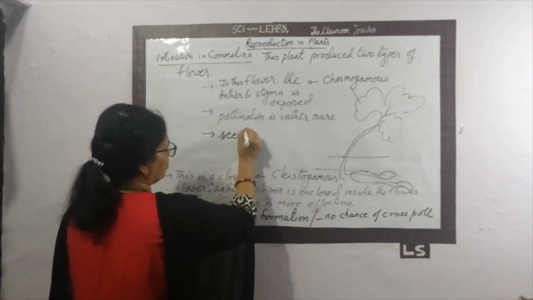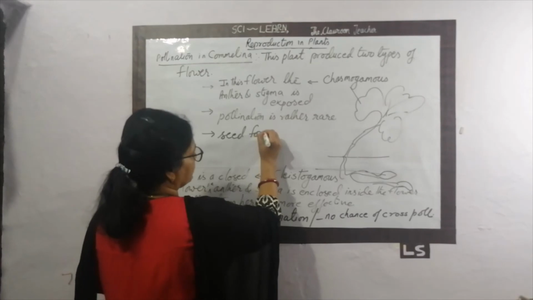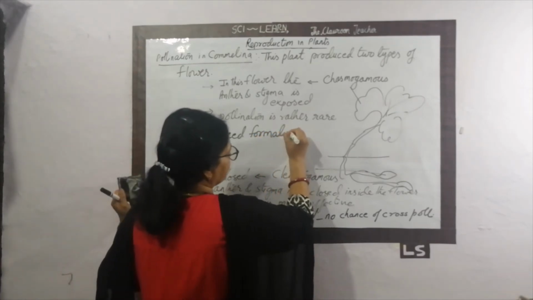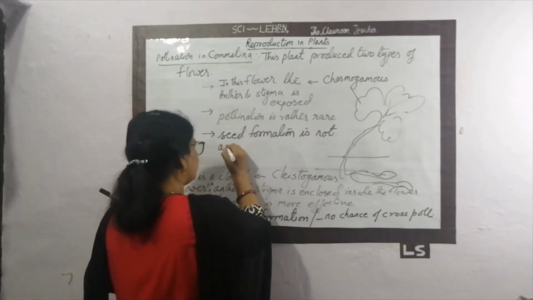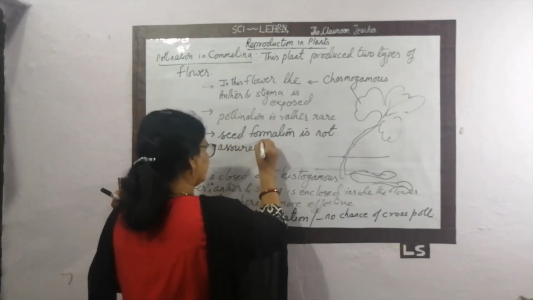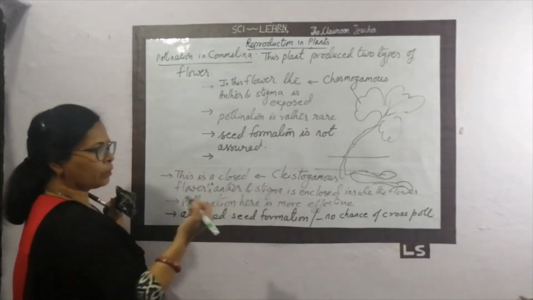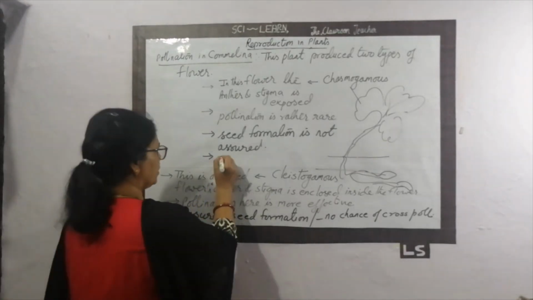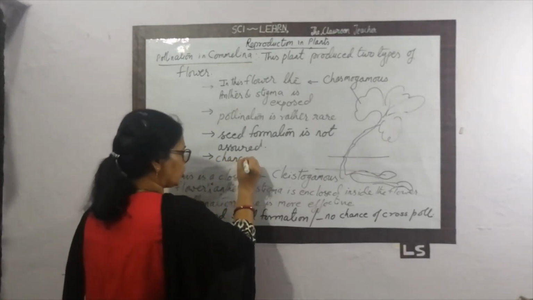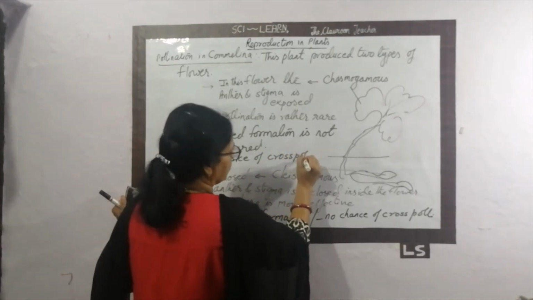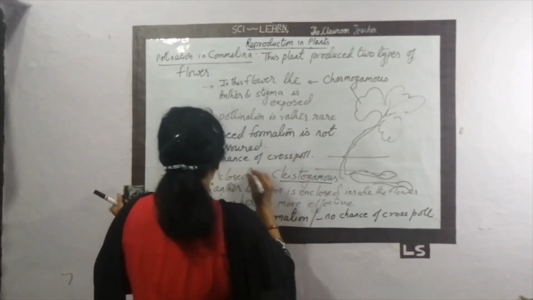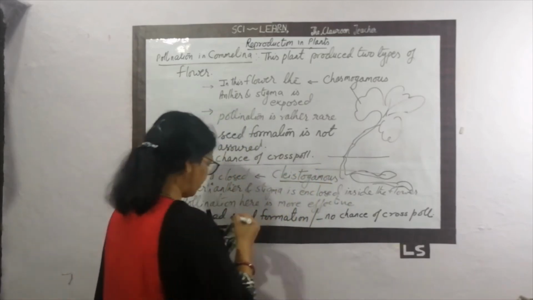Seed formation is not assured, and also the chance of cross-pollination is there. Okay, so these are the two types of the flowers.